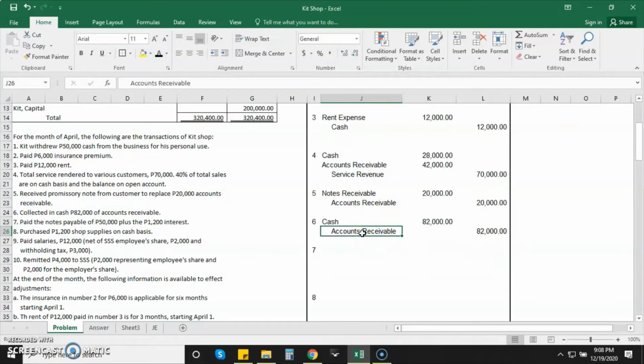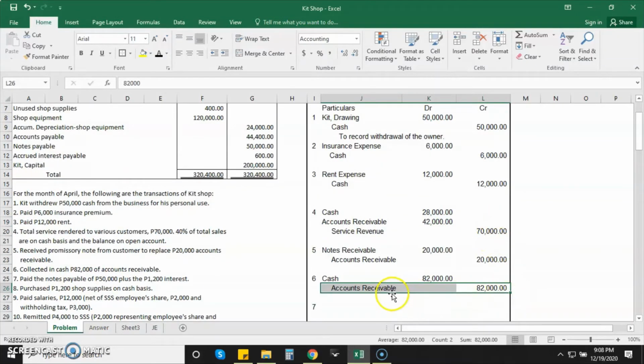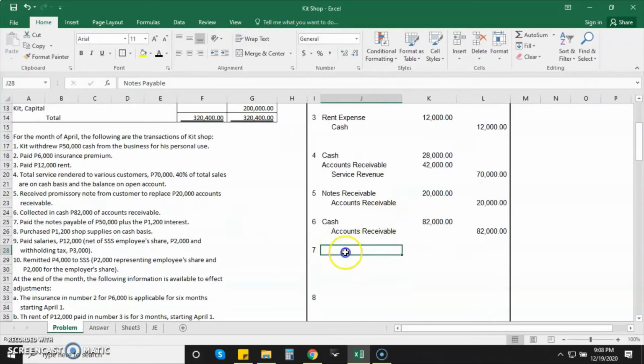Why is accounts receivable credited? Accounts receivable is an asset. The normal balance of an asset is debit. If it increases, you debit it. If it decreases, you credit it. Number 7, paid the notes payable of 50,000 plus the 1,200 interest.